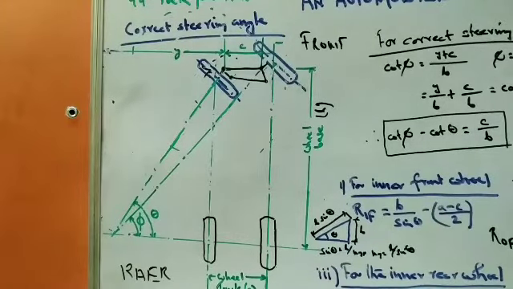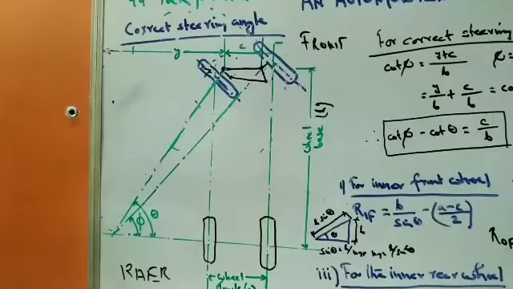The perfect steering, as referred to, is achieved when all four wheels are rolling perfectly under all conditions, that is, there is no slip. If this condition is achieved, it is called the perfect rolling condition.